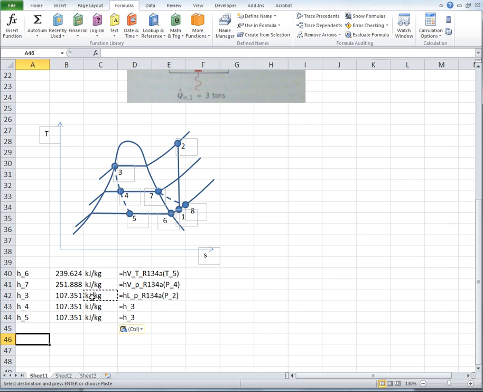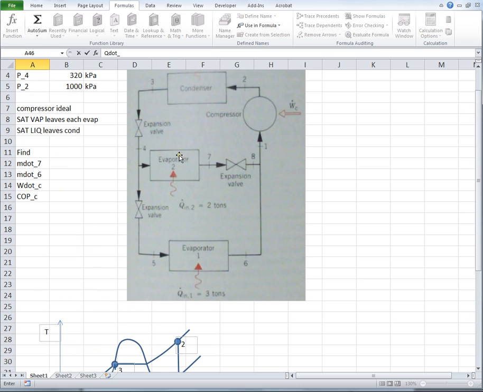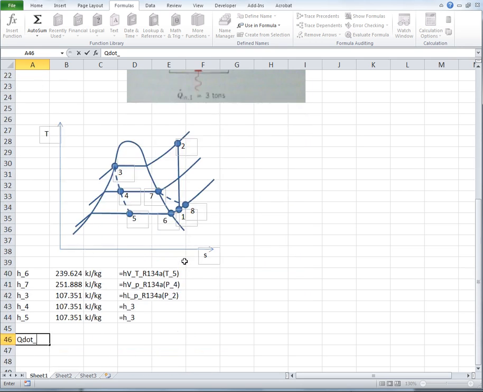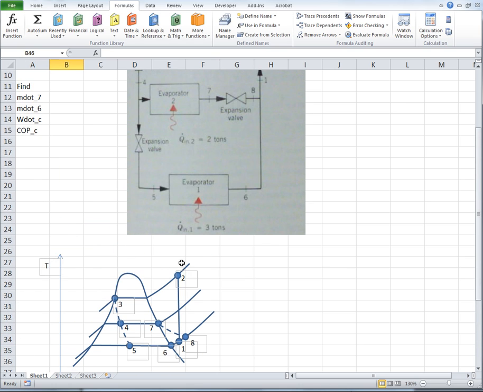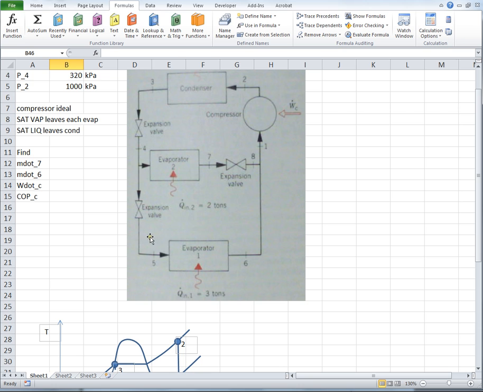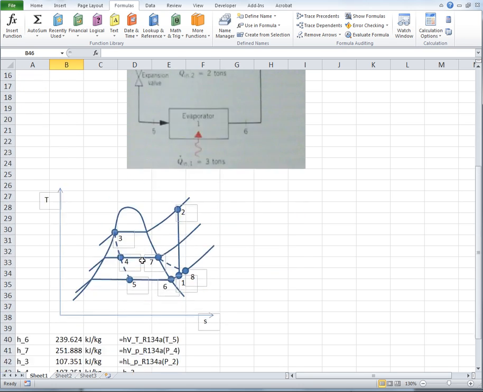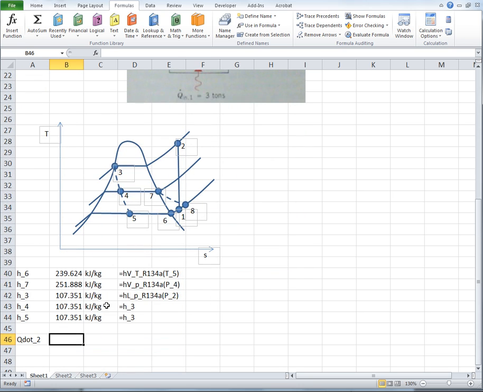Let's figure it out. Q dot, what do we want to call that at P middle? We can call it 2, yes. Here's evaporator 2, and here's evaporator 1. So Q dot at evaporator 2 was given to be 2 tons. Great. What good is that?